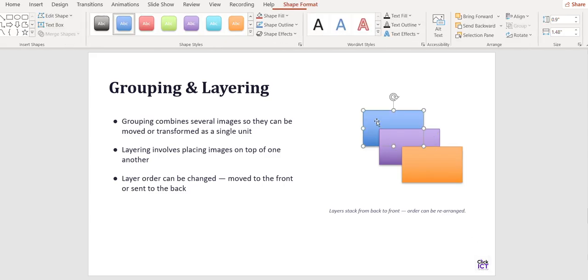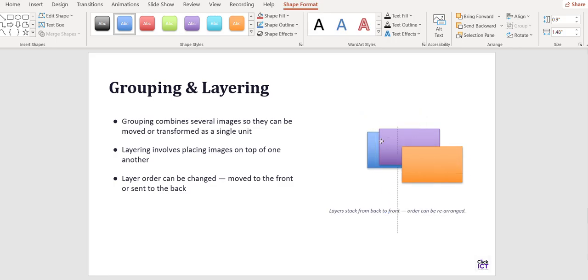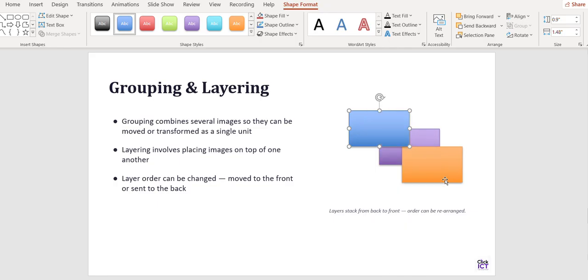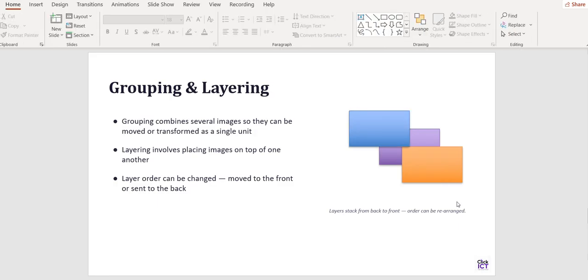Now I want to bring the last rectangle to the top of the purple one. So how can we do that? Because I kept it first, it has gone at the back, but no worries, I can always bring it to the front. So you can right click on it and then bring it to front. You can see that it has come to the front.